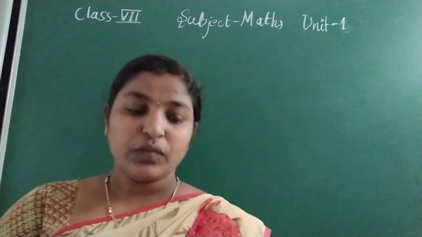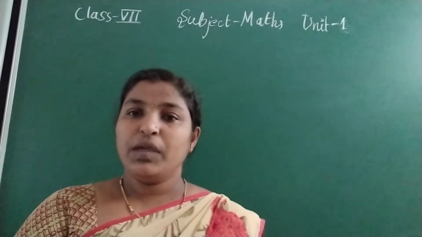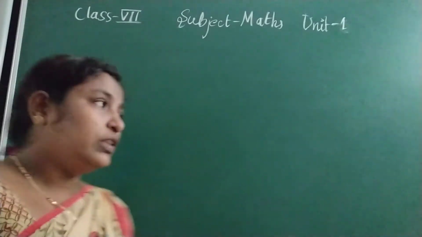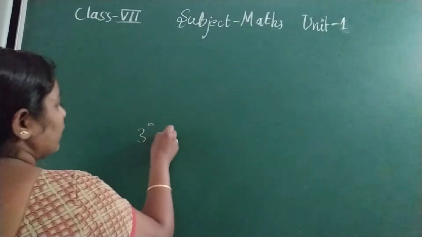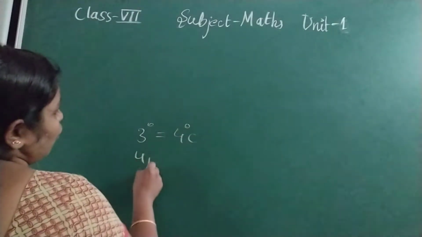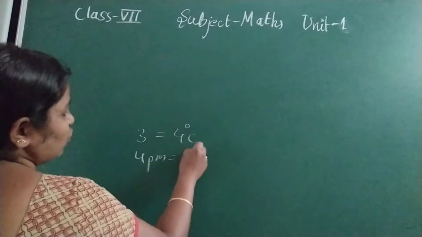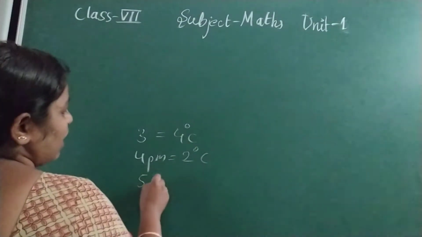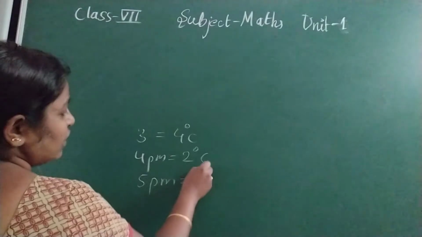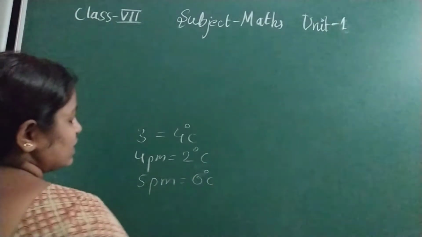And then at 2 p.m. it will become 6 degrees Celsius. 3 p.m. it will become 4 degrees Celsius. 4 p.m. it will become minus 2 again, 2 degrees Celsius. 5 p.m. it will become 2 minus 2, 0 degrees Celsius.